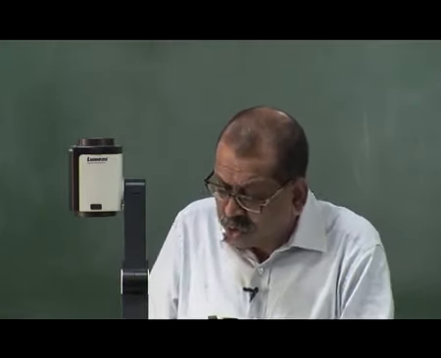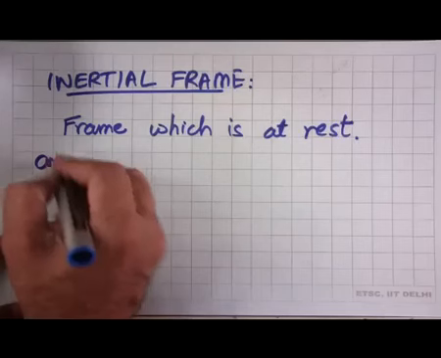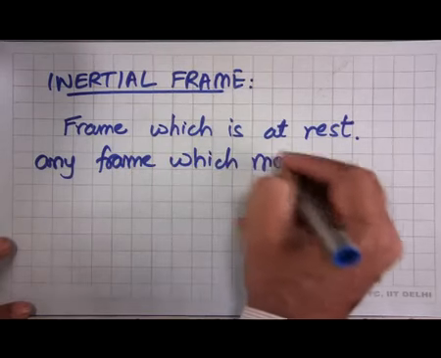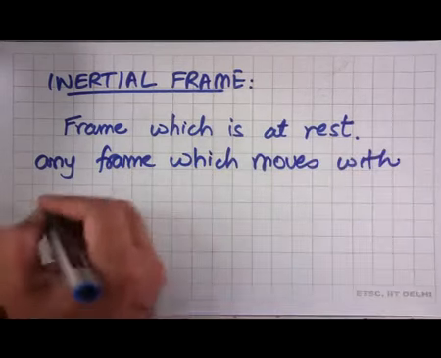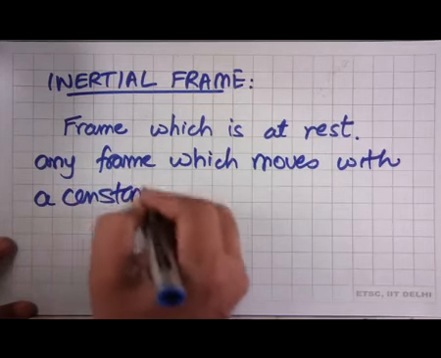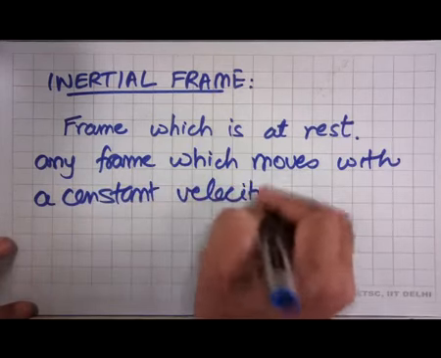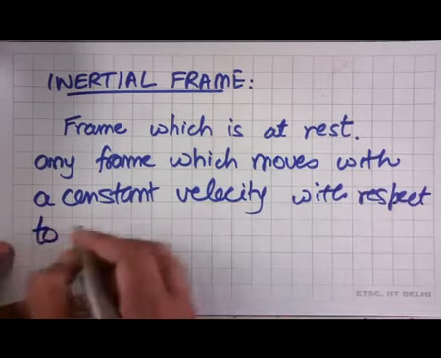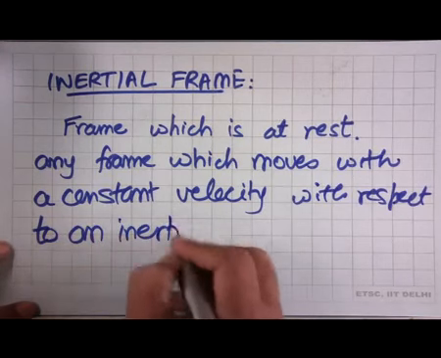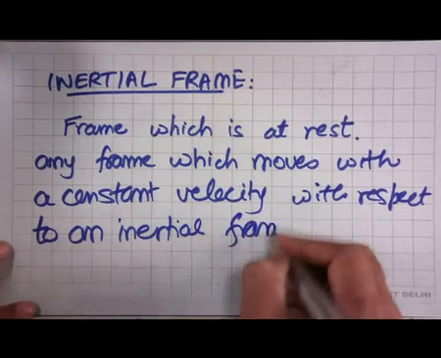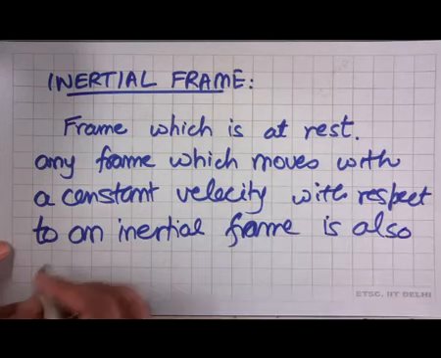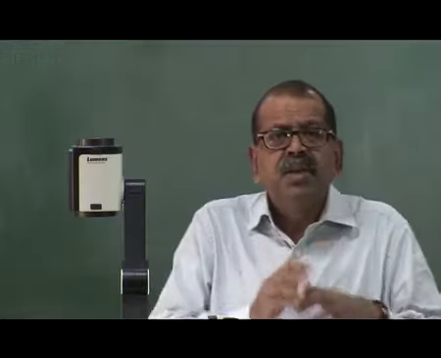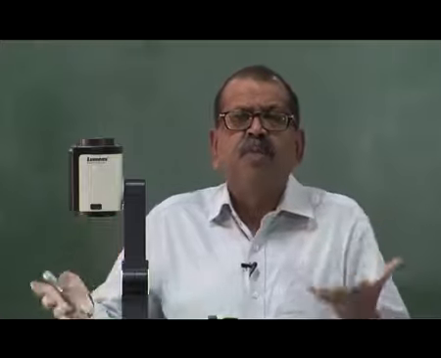What we have also shown is that any frame which moves with a constant velocity with respect to an inertial frame is also inertial. That means we are now widening the scope of the inertial frame.